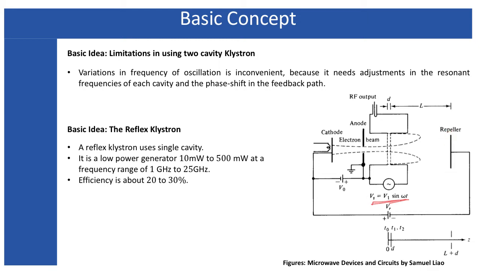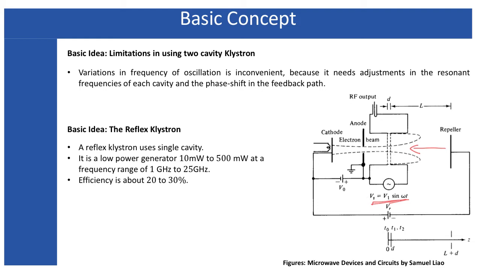At the repeller end, those electrons experience a repelling voltage, and due to that they get repelled and go back to the first cavity. In this way, the feedback path is applied, or we can achieve the feedback.